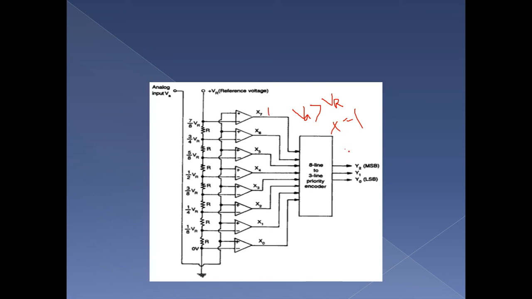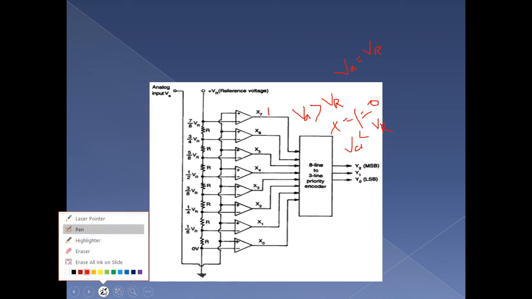Suppose VA is less than VR, then the logic output X will be 0. If VA is equal to VR, in such cases it maintains the previous value. The X value will be the previous value. This is how the comparator produces the output.